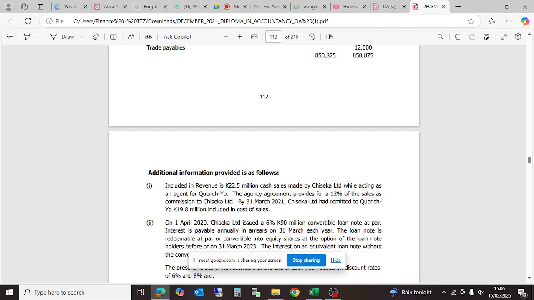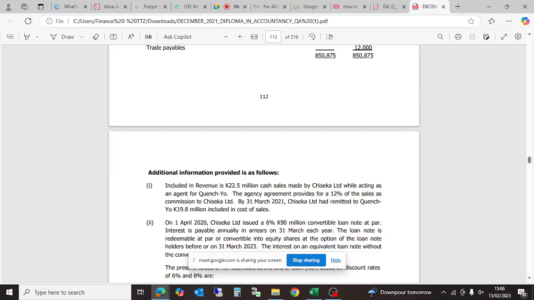A sales commission is a variable cost. It's a direct, marginal cost. Remember when we are doing costing or explaining management accounting terms, we treat a sales commission as a variable cost because it is affected by sales volume.